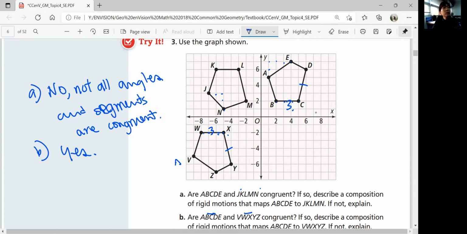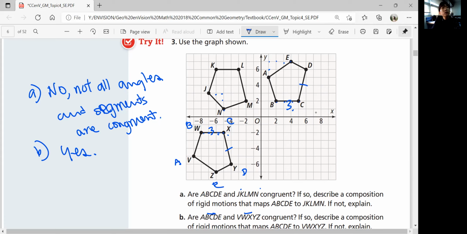A maps to V. B maps to W, and C, D, E. So in order for this to come here, do you want to reflect or rotate? You can rotate or you can reflect. It's just a matter of what else can you do, right?